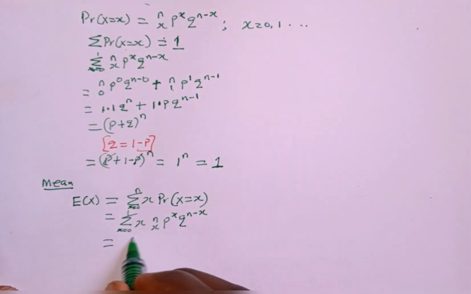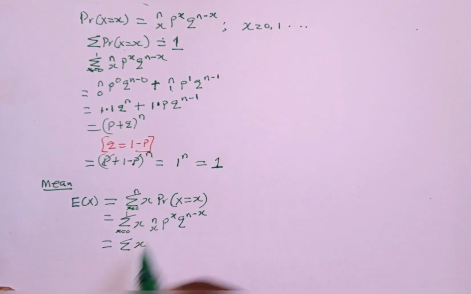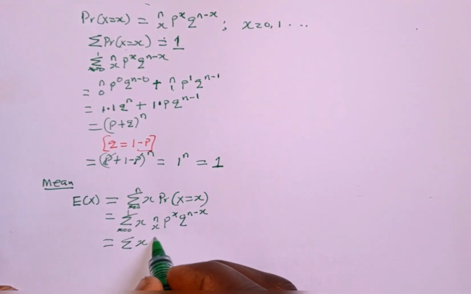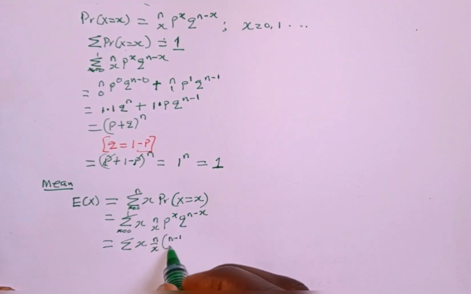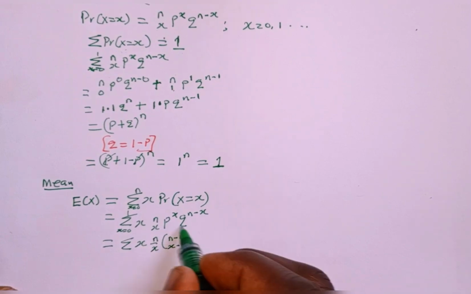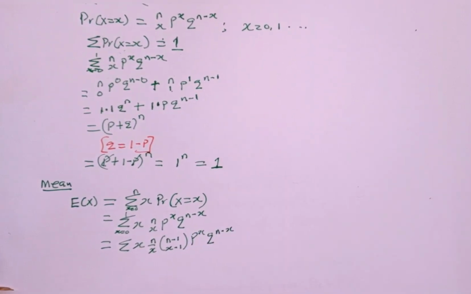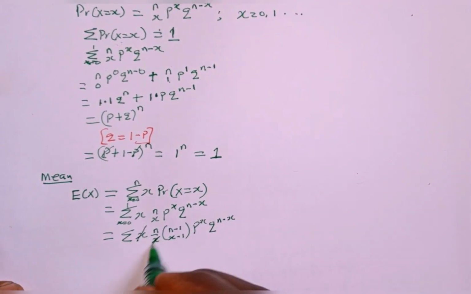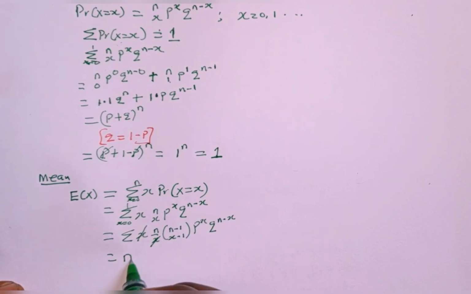This is going to be equal to the summation of x times n combination x. This n combination x is the same as n over x times (n minus 1) combination (x minus 1). Then p raised to the power of x, q raised to the power of n minus x. So that this x and this x are going to cancel. Then we can take this n out.